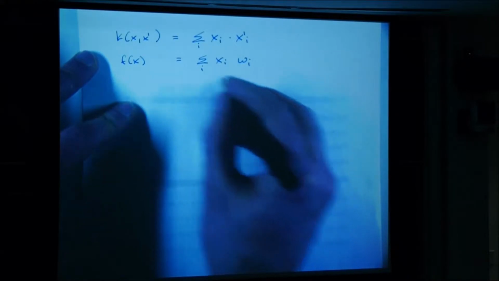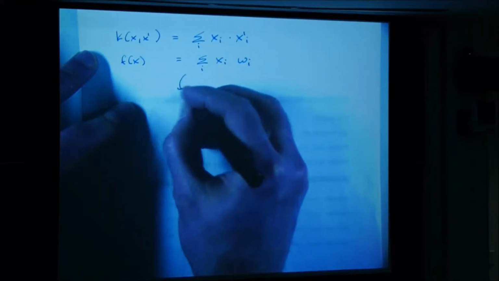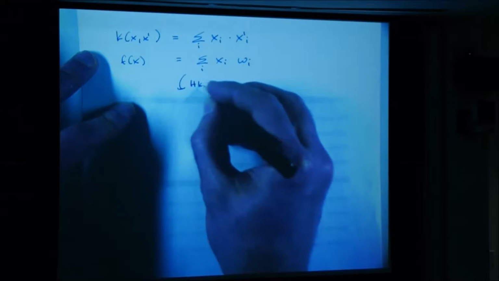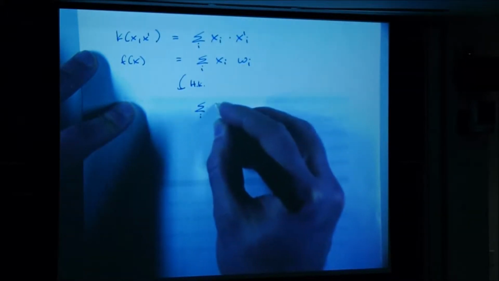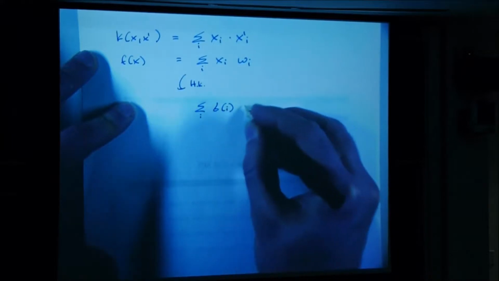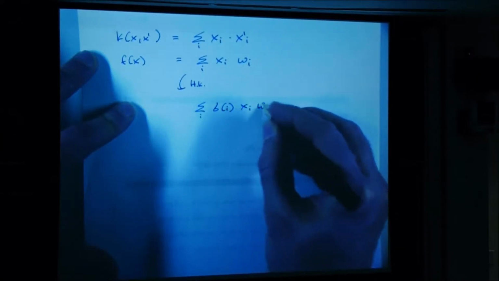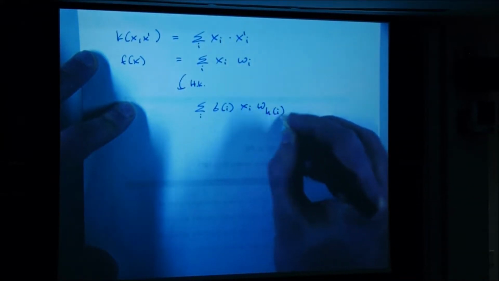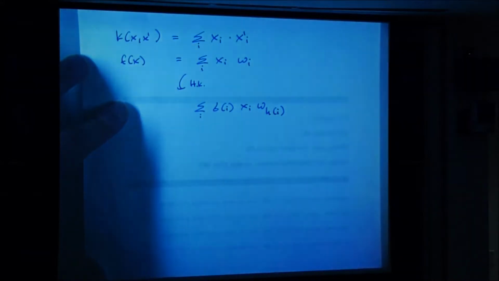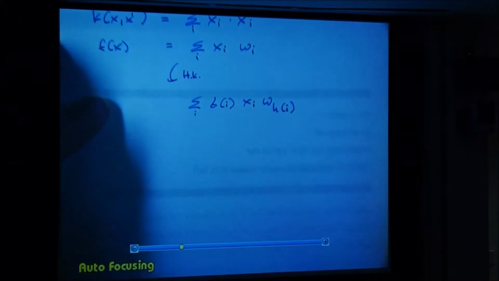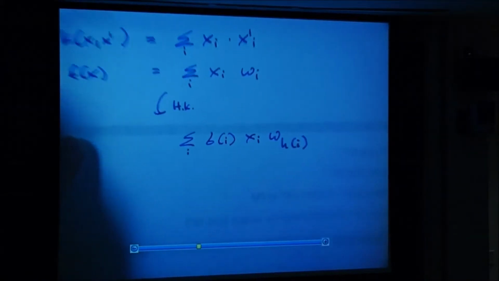And furthermore, we then transformed this into the hash kernel, the sum over i of sigma of i x_i w subscript hash of i. So this was basically the initial construction that we used.